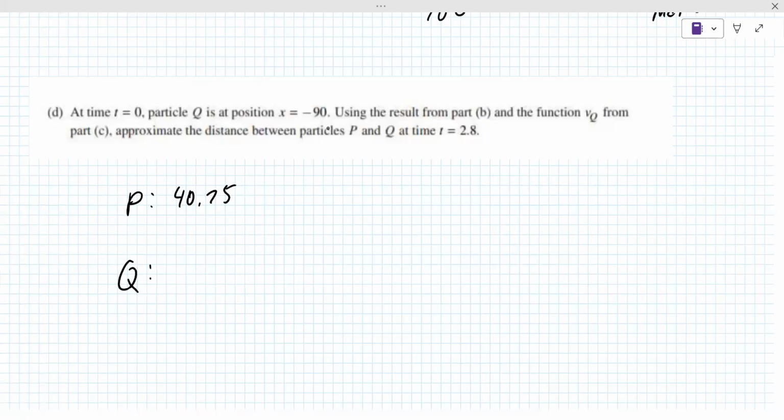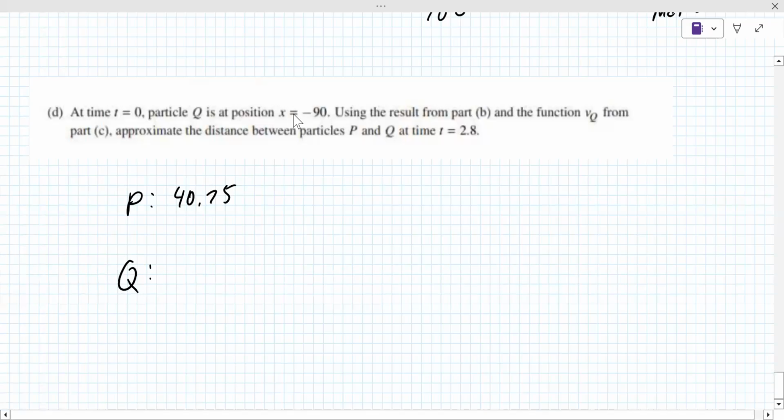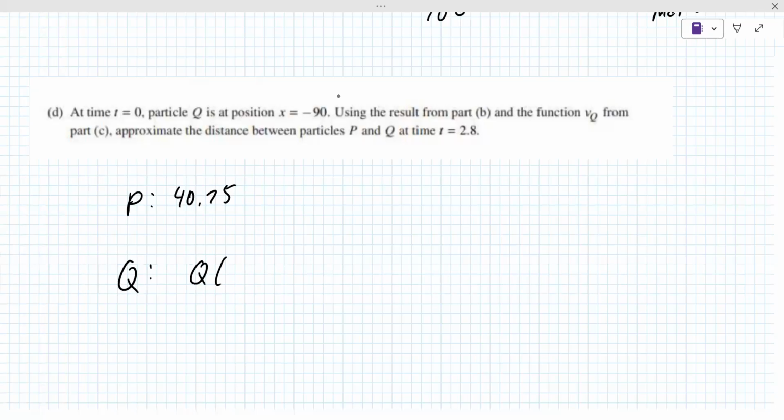But Q is a different story altogether. Q is starting at minus 90. So there's Q of 0 plus the integral from 0 to whatever time we're interested in.